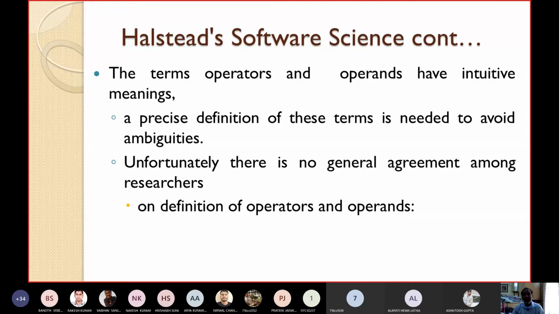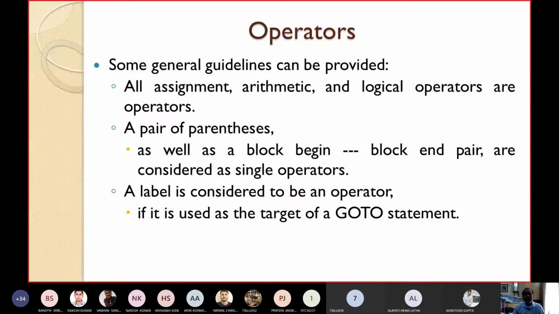Which things will be considered as operators? Which things will be considered as operands? There is no common agreement among the researchers. So some rules are given. Let's see some of the rules based on which we can define whether this is an operator or an operand. Since no agreement is there, some general guidelines can be provided.